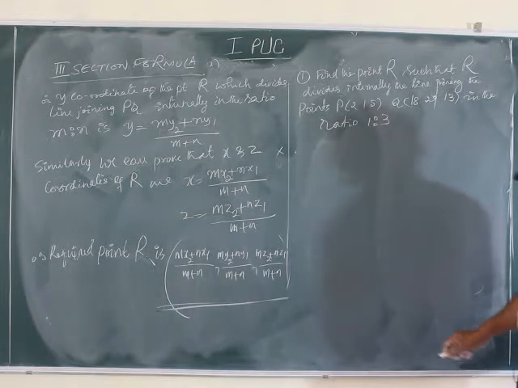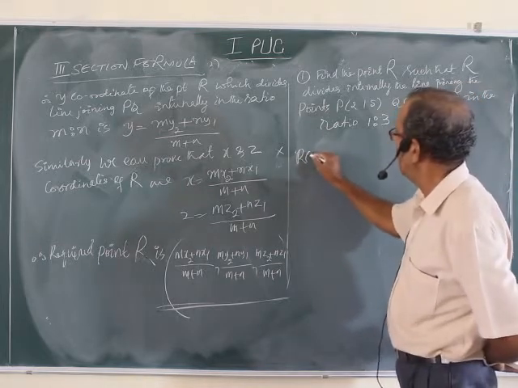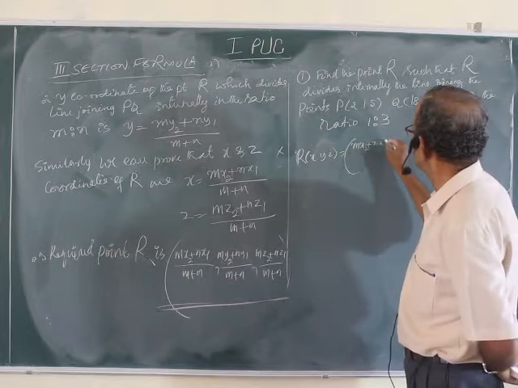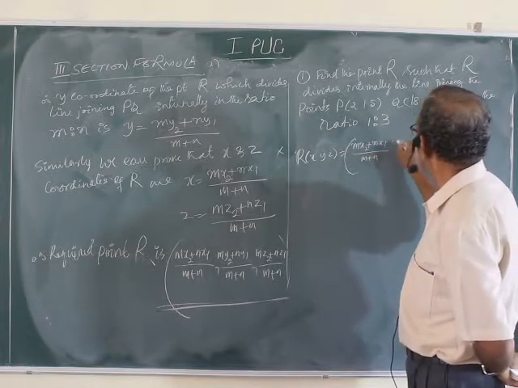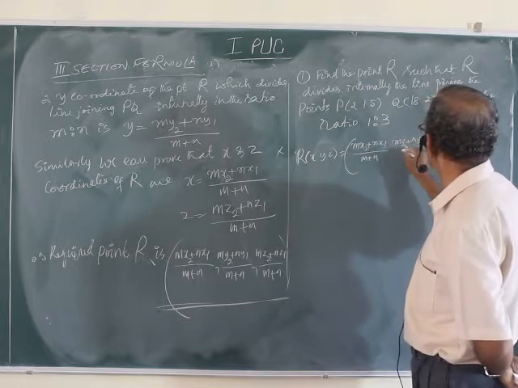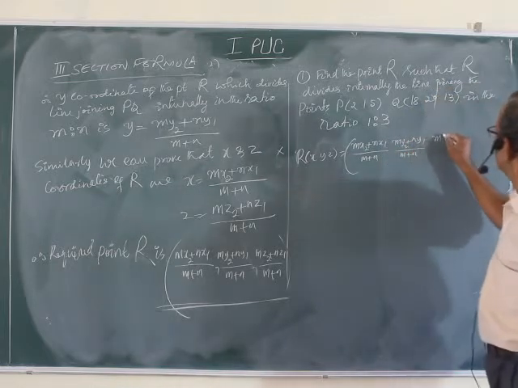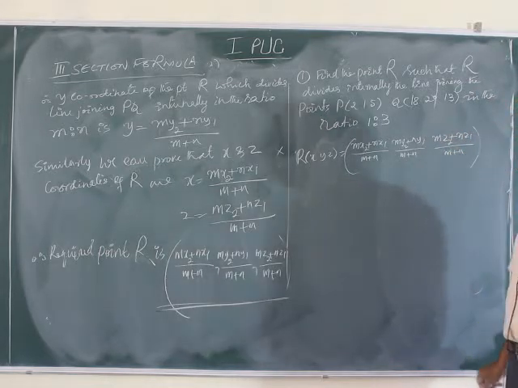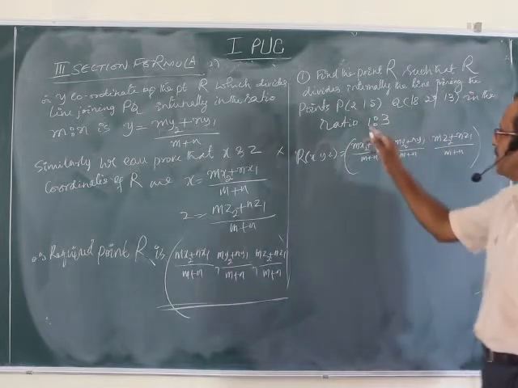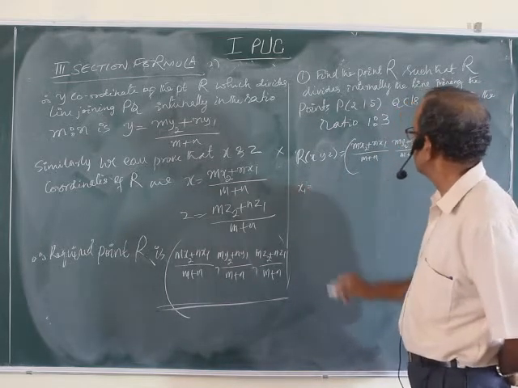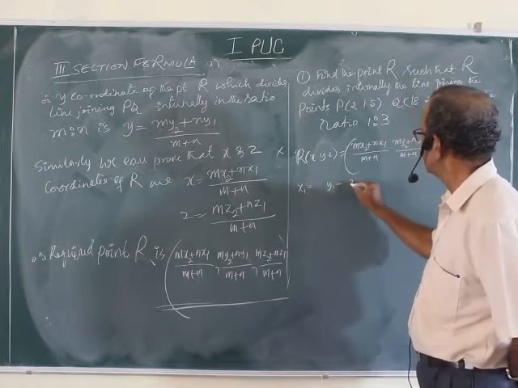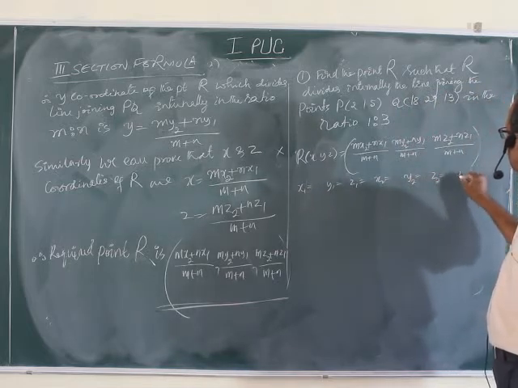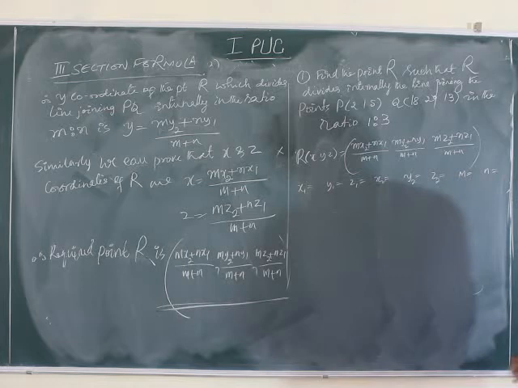Careful. The section formula is R(x, y, z) equals mx2 plus nx1 by m plus n, my2 plus ny1 by m plus n, mz2 plus nz1 by m plus n. This is the formula, the section formula. Now let me write all the details: x1, y1, z1, x2, y2, z2, m and n.